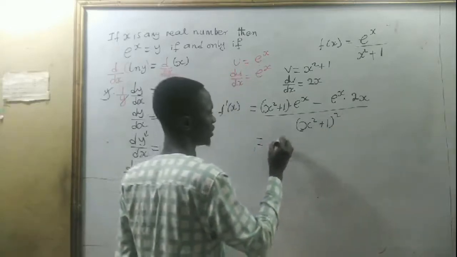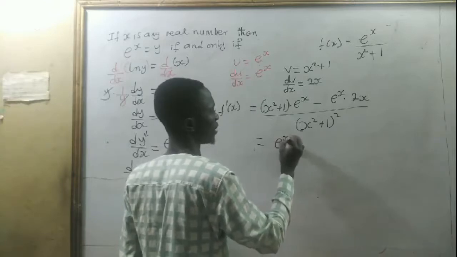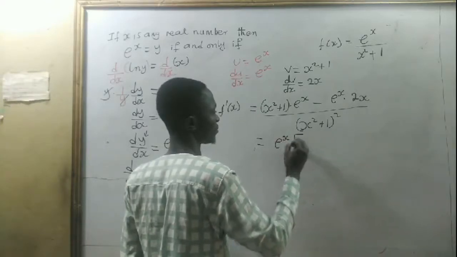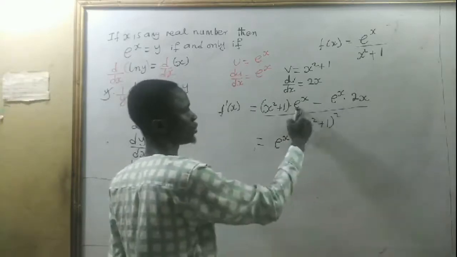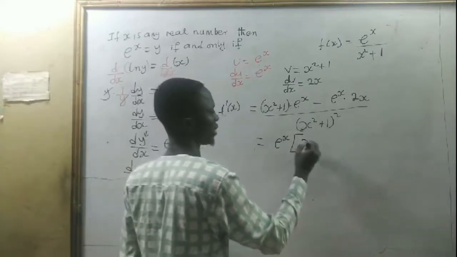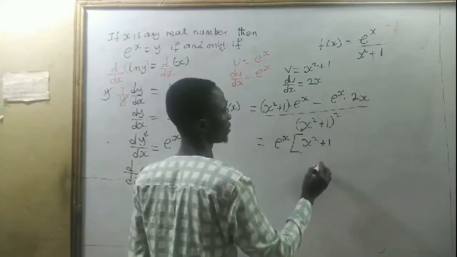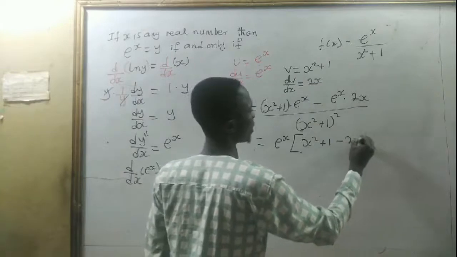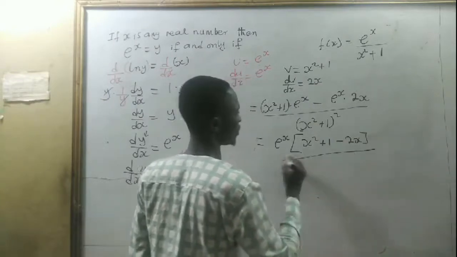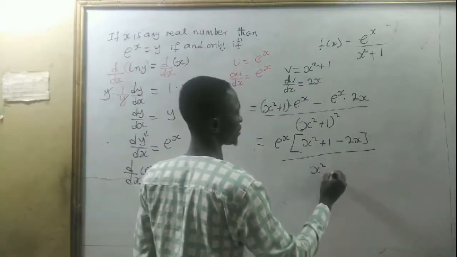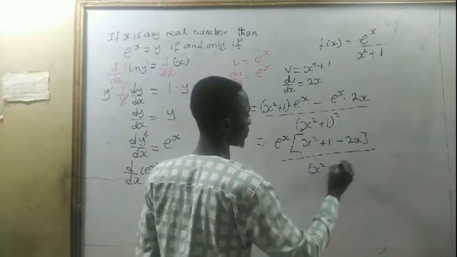And this will give us e to the power x into bracket. I'm factorizing e to the power x out. So here I'll get x squared plus 1 minus 2x, all divided by x squared plus 1 all squared.